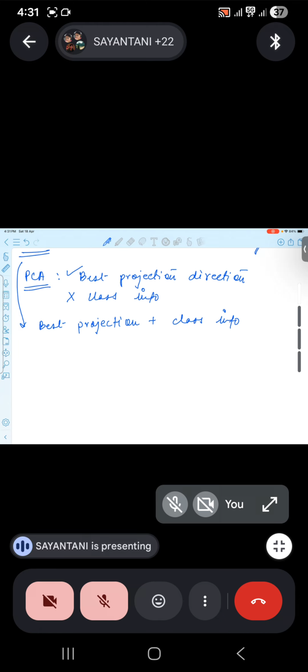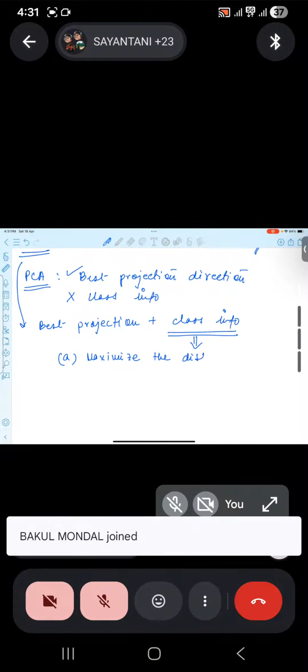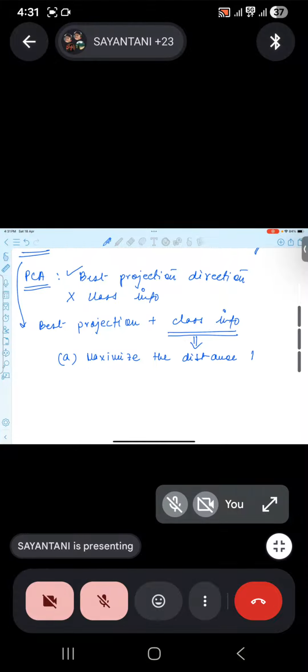So under class information, we can have two types of criteria. Criteria number one, what is my main goal, we need to maximize the distance between two classes.